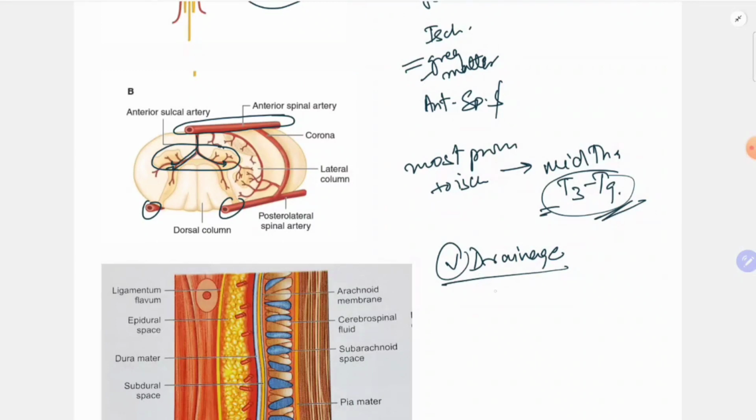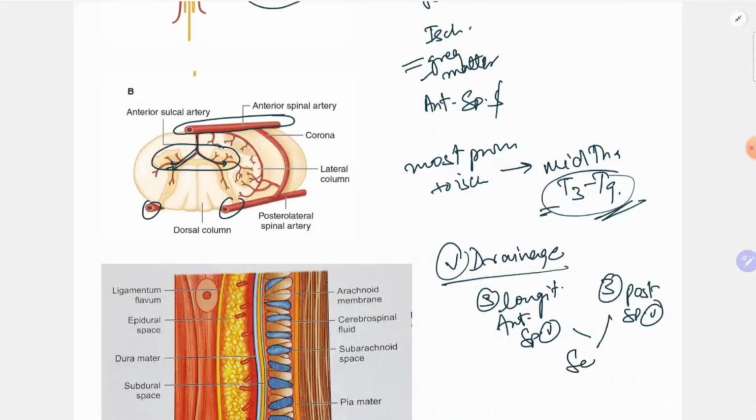follows the arterial supply, and we have 3 longitudinal anterior spinal veins, and we have 3 posterior spinal veins. These communicate with the segmental anterior and the posterior radicular veins.